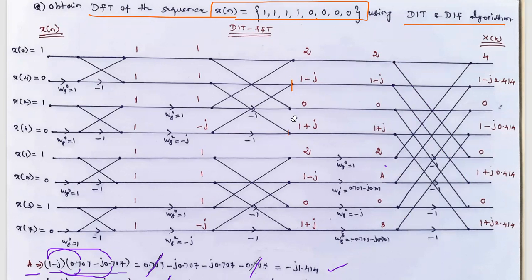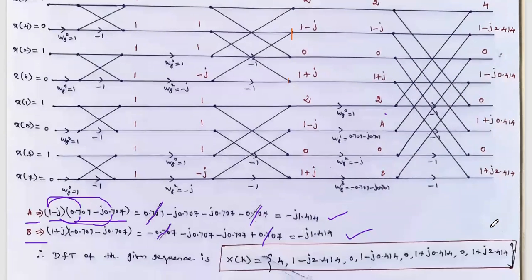Now you see here in the DIT algorithm, as you already know, the input has to be given in bit reversed order, but the output we get in natural order. The first output is capital X of 0, the second output is X of 1, then X of 2, X of 3, X of 4, X of 5, X of 6, and X of 7.